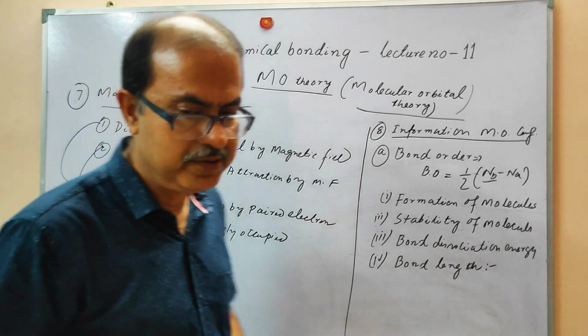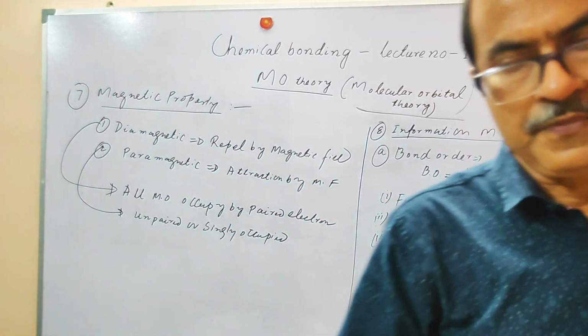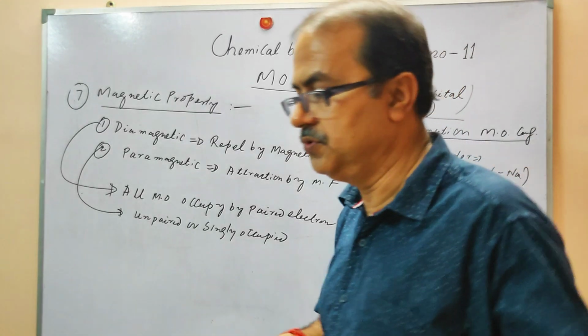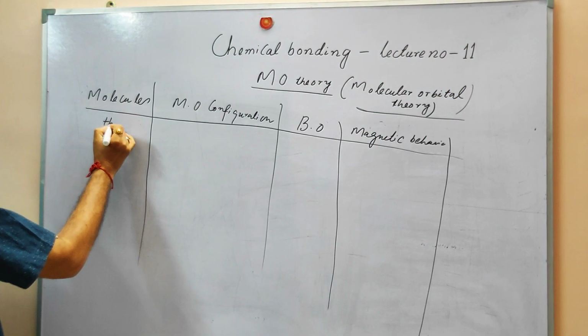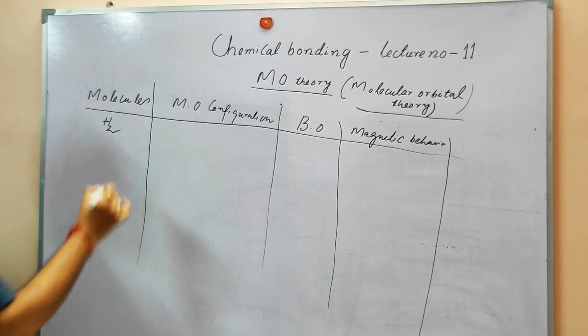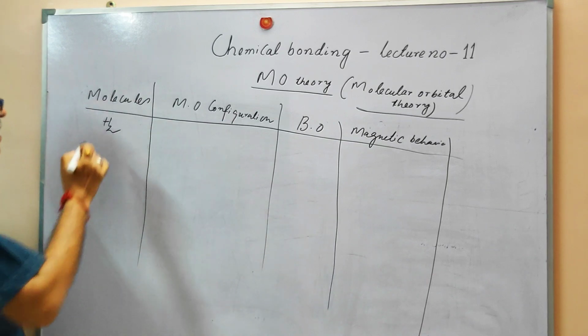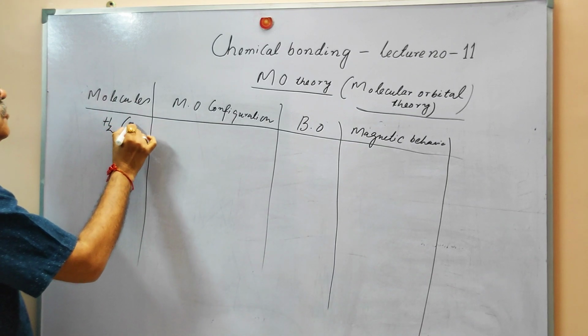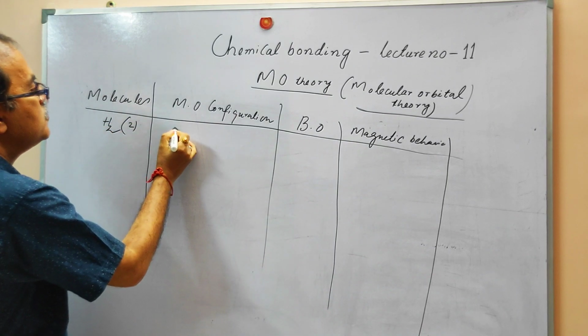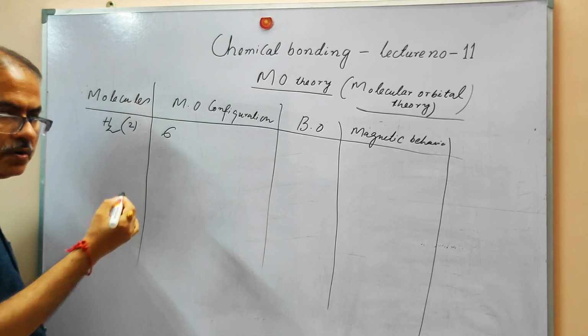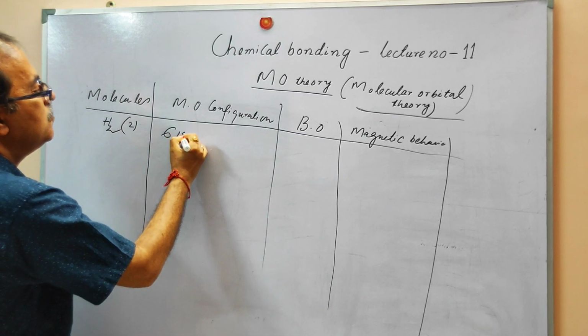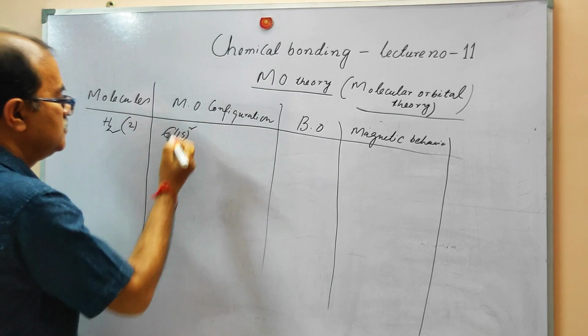So this we can easily understand when we take some examples of molecules. The first molecule we take is H2, hydrogen. You know it has 2 electrons, so its molecular orbital configuration will be this.